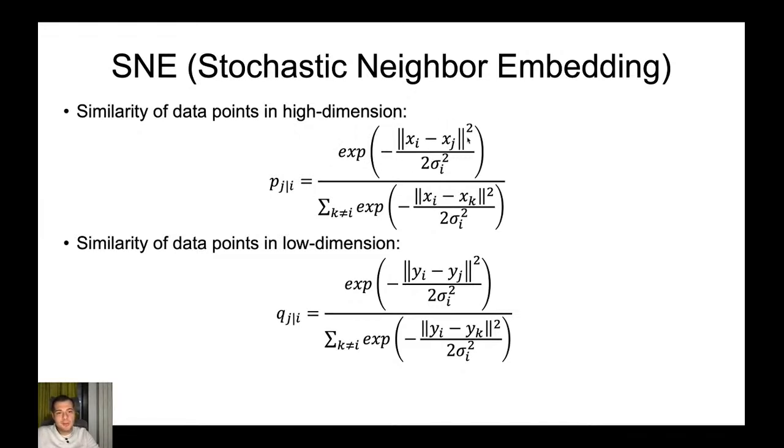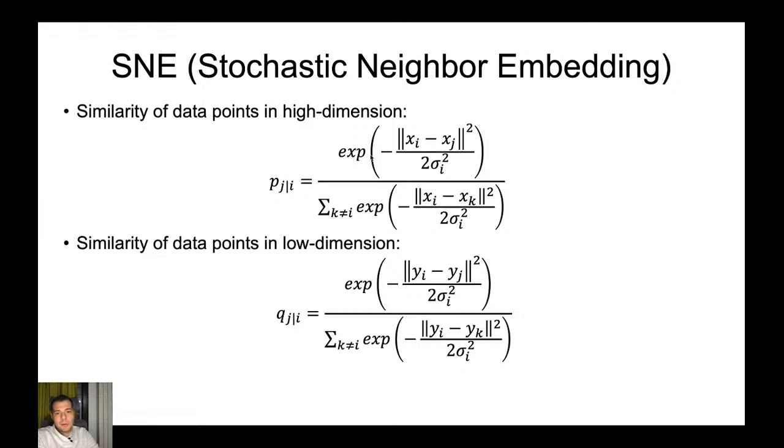this, where this is the distance between the points, and as you might recall, this is equal to the RBF function, or the exponential, or the Gaussian kernel. So this transforms the distance, which is between 0 and infinity, to values between 1 and 0.